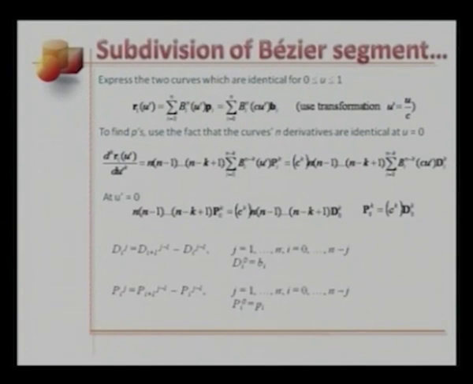In terms of the original data points b i, d sub i super j are defined such that d sub i super j is equal to d sub i plus 1 super j minus 1 minus d sub i super j minus 1, where the values of j are going from 1 to n and the values of i are going from 0 to n minus j, while d sub i super 0 is equal to b sub i, the original design points.